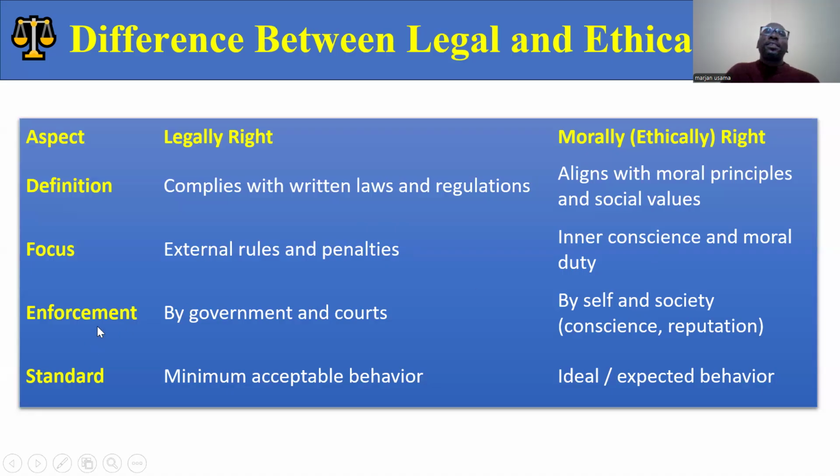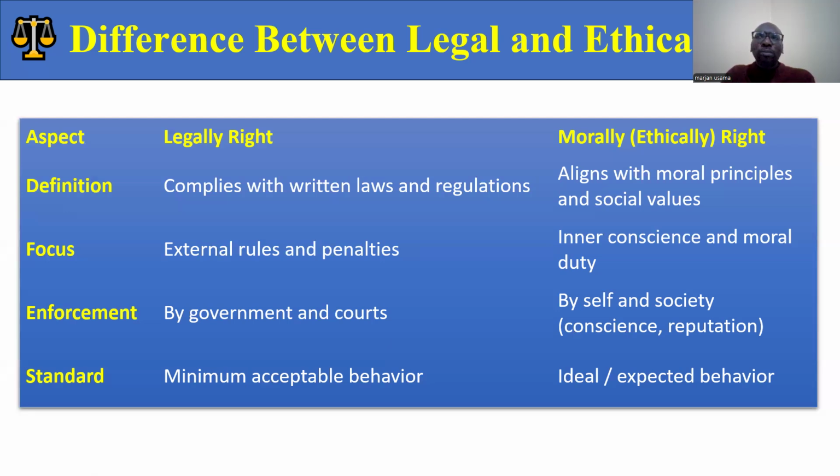Then the enforcement. When something is legally right, it is enforced by government and courts. But when something is moral, it is enforced by self and society. So anta shaksiyan munfaridan, you are the one who is doing it because you know it is right. Or sometimes the society is telling you, oh Muhammad, no, this is wrong.